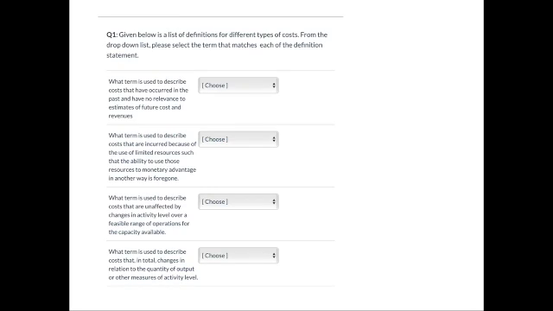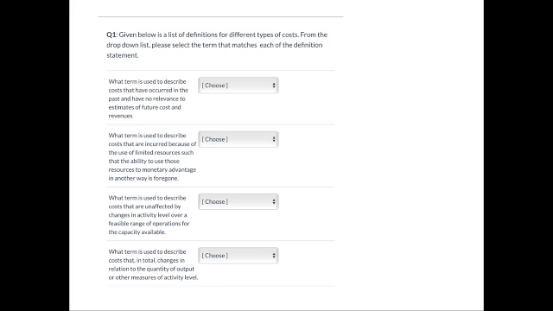Now let's just do an exercise together, okay? To see if you already get the right definition for each of those cost concepts. So here I have some descriptions or statements about a type of cost.